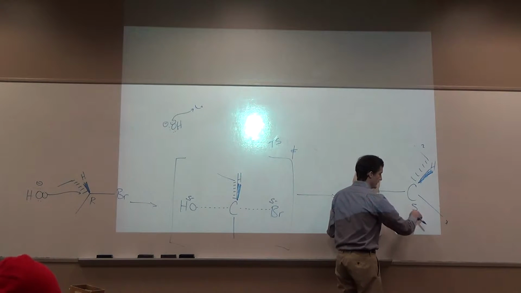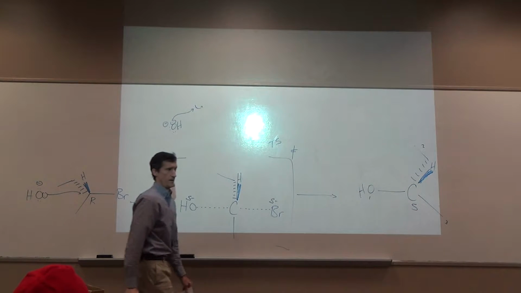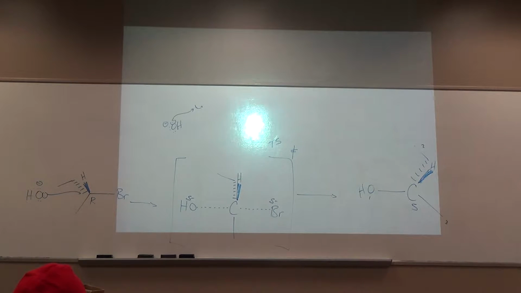You could end up with R if somehow your nucleophile had the lowest priority, okay? That would be very rare, but it is possible. So typically we'll say R goes to S. Now what is constant is backside attack and inversion.